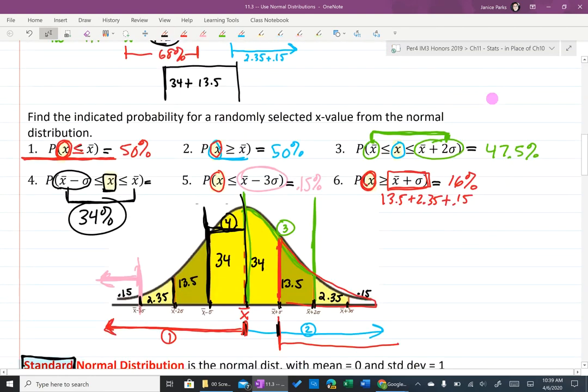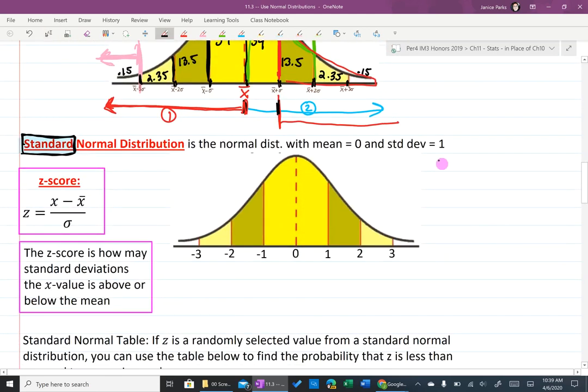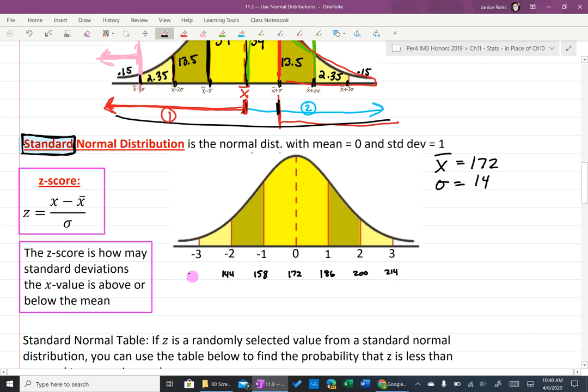But let's go back to this equation. So let's say again, the mean is still 172 for the cholesterol problem, and the standard deviation is still 14. So if we were doing this way, which is fine, the numbers would be the same, right? 172, 186, 200, and 214. And then on this side, 158, 144, and 130.